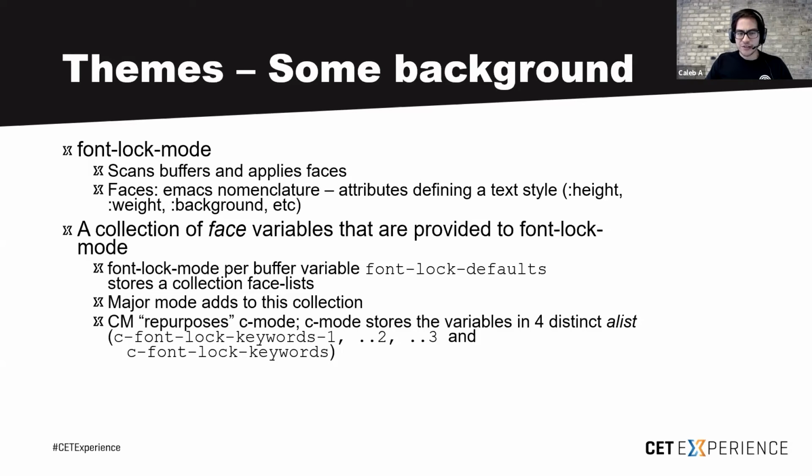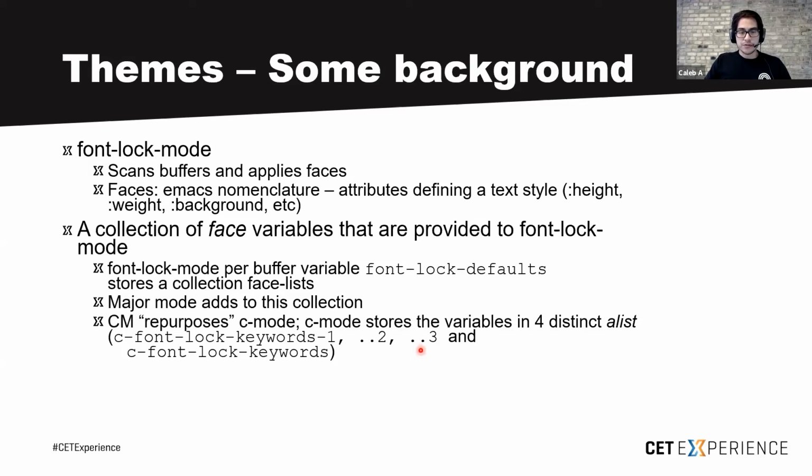It doesn't exactly tell us what each of those lists are intended for, but they at least provided some nice documentation for us. And I'll recap that real quick. List 1 is intended for minimal font locking. For example, preprocessor directives, which is, as far as I know, irrelevant to CM. There's list 2. This is intended for fast and normal font locking. For example, keywords, simple types, basically anything that's easily recognized by a pattern.